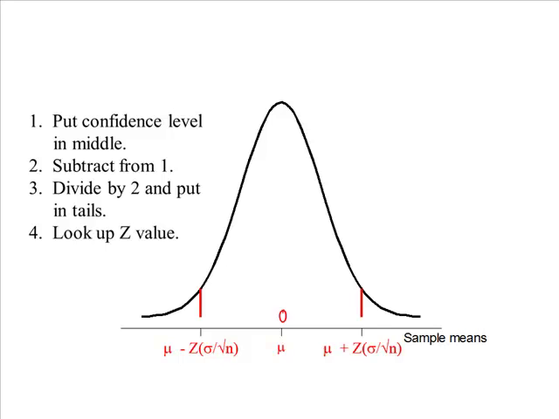So here's a really simple way when you're asked to compute a confidence interval. What are the steps you're going to do? What's the process that gives us the result we want? Well, first thing we do, we draw our curve. What confidence interval do we want to have?